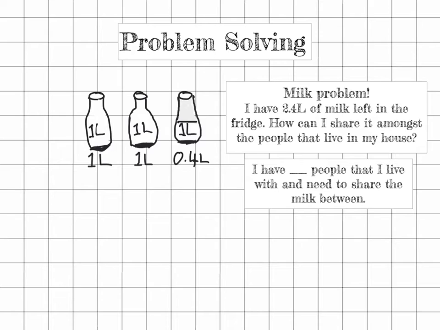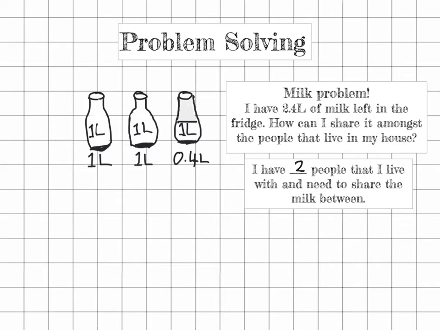So you have to think about how many people. So if in my house, I have 2 people that I live with and need to share the milk between all together. So that means me and one other person. So if you have 5 people in your house, that's the number you would put there.